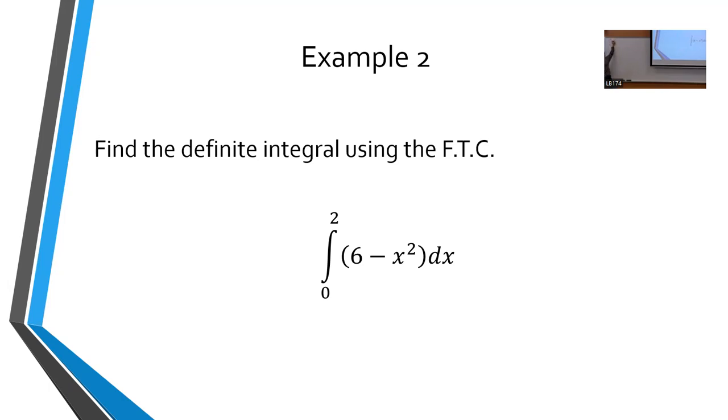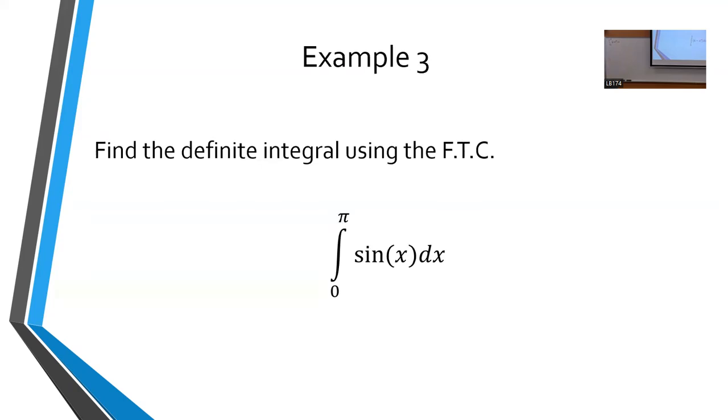So 0 to 2, 6 minus x squared, with respect to x. And then, yeah, 0 to pi, integrating sine of x with respect to x.